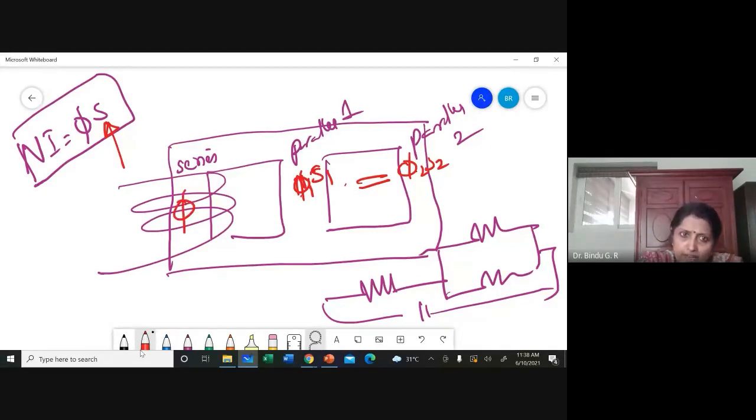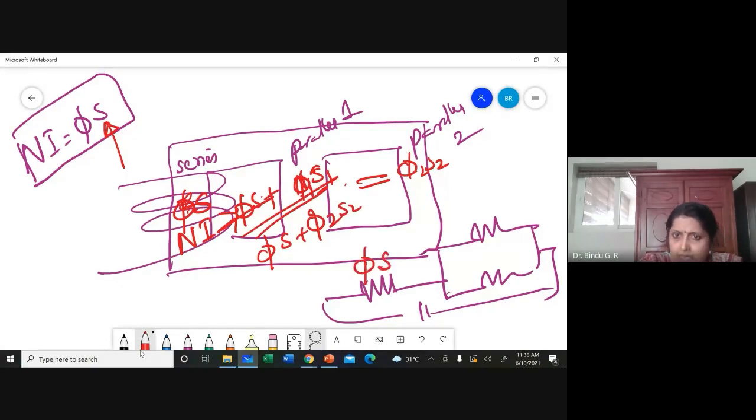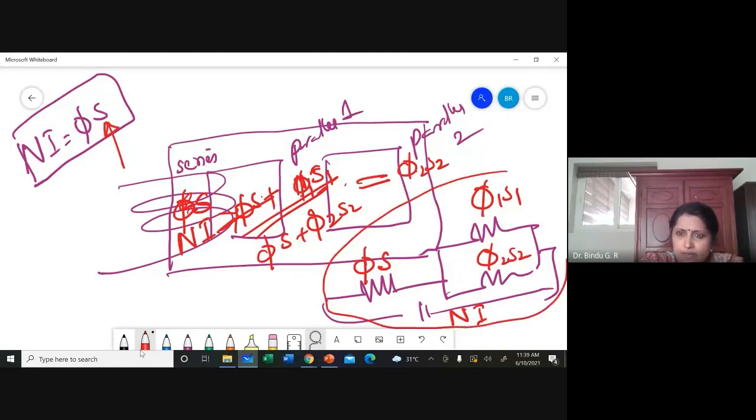Finally, total Ni will be equal to Phi S plus Phi1 S1 or Phi S plus Phi2 S2. As is clear from this, Phi S, Phi1 S1, Phi2 S2. This is Ni. This is what we discussed today.